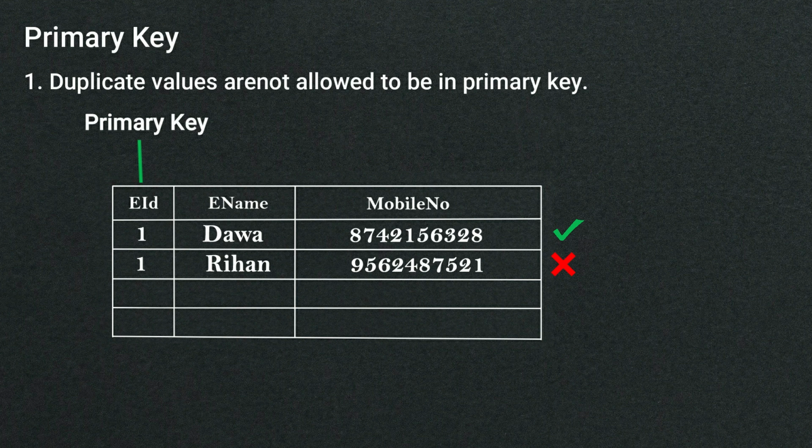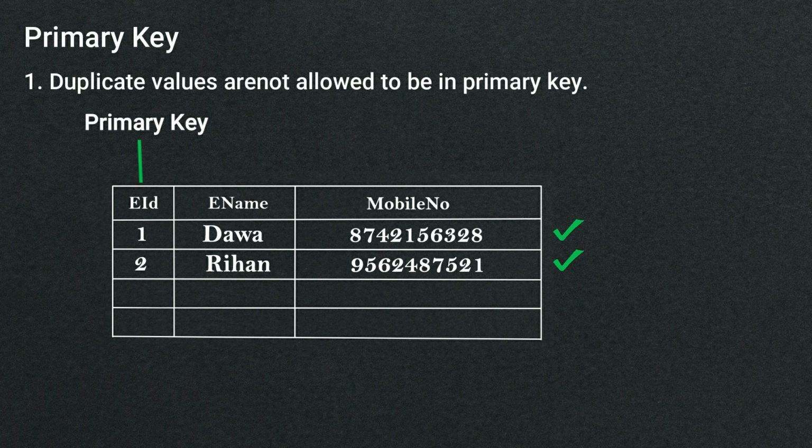No, it will not be stored in the table because employee ID 1 is already inserted in the employee ID column. So we can't insert the same value again in the employee ID column. I mean we can't enter a duplicate value in the employee ID column because here we have used a primary key in that column. But if we write 2 instead of 1, then it will be inserted.